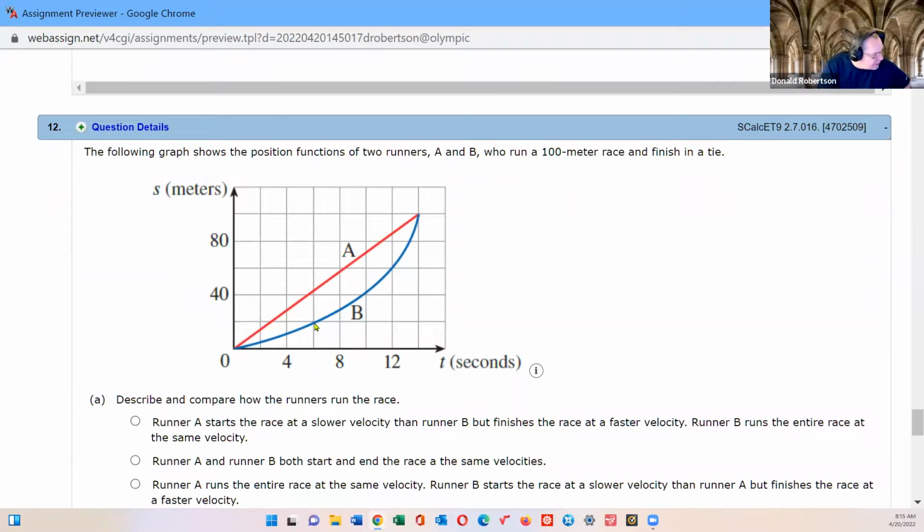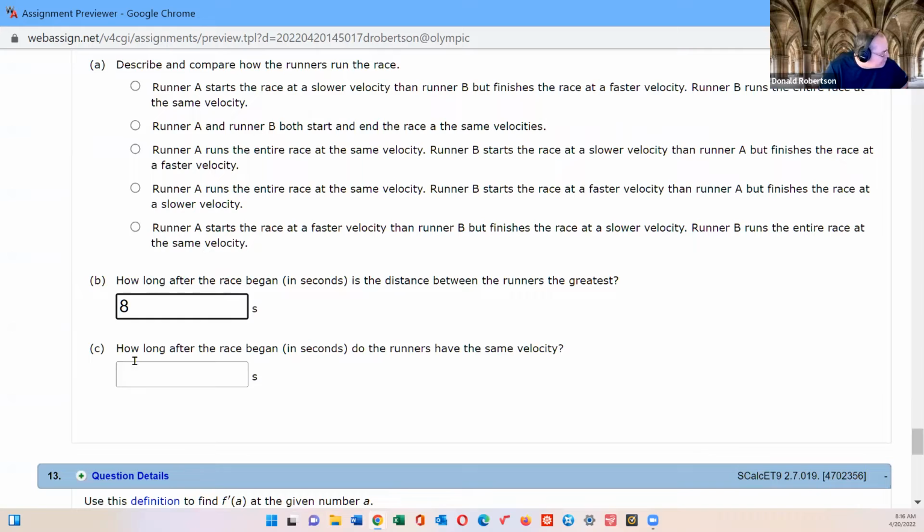If you take that point there and draw the tangent line, it's not quite as steep as A. If you take this point here, it's steeper than A. So somewhere between 5 and 12, there's going to be a place where the tangent line and the red line are parallel. That's a judgment call. I'm going to go for 8.5.